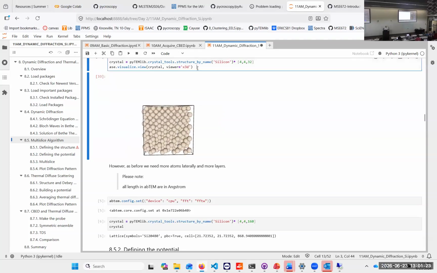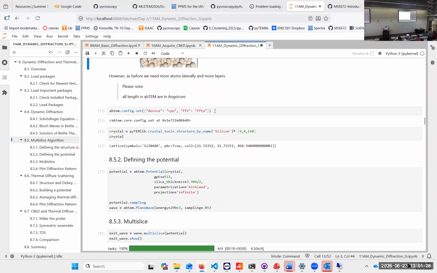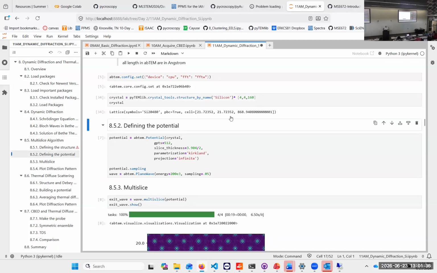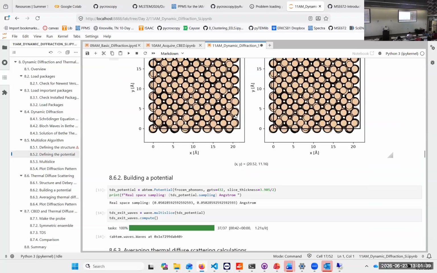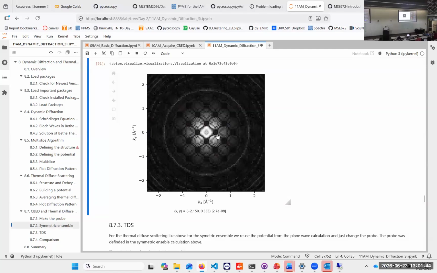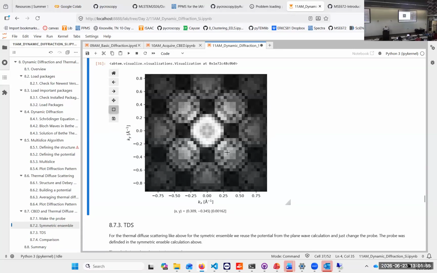How thick is it? 32 unit cells. It's not big enough, so I made one with 160 unit cells. Get an output, thermal diffuse, and then I got my diffraction pattern, nicely square. We don't have enough resolution, obviously, in our diffraction patterns.